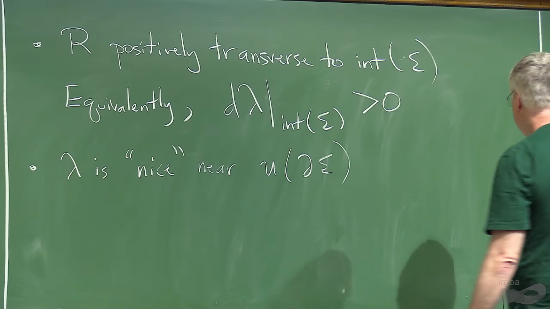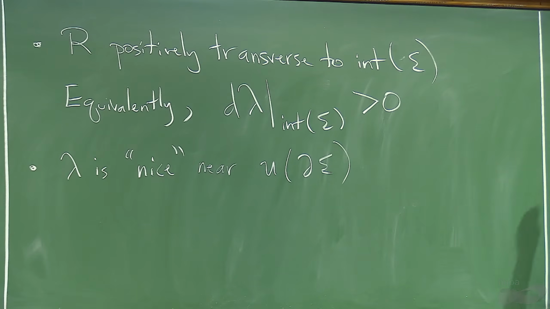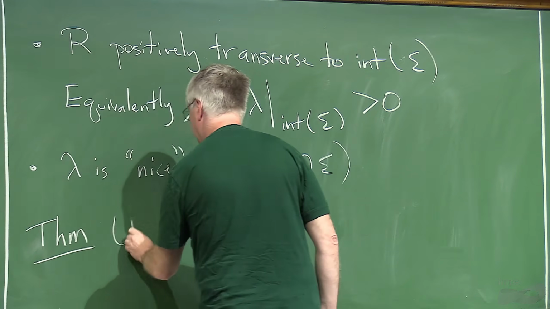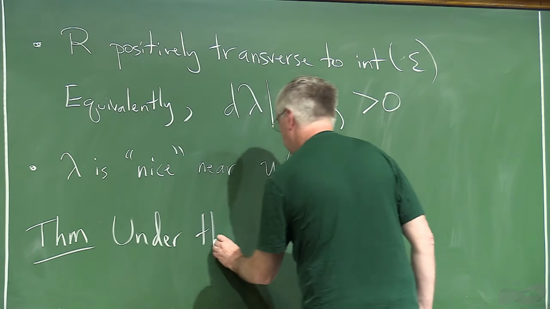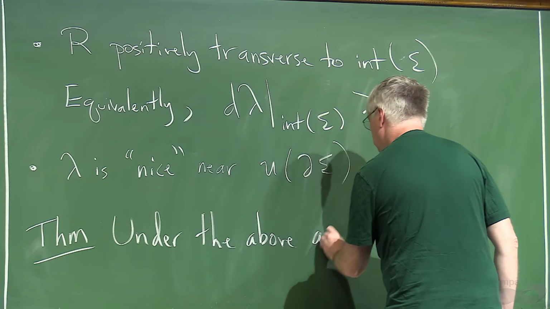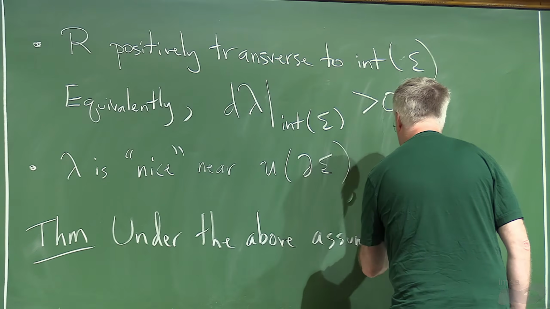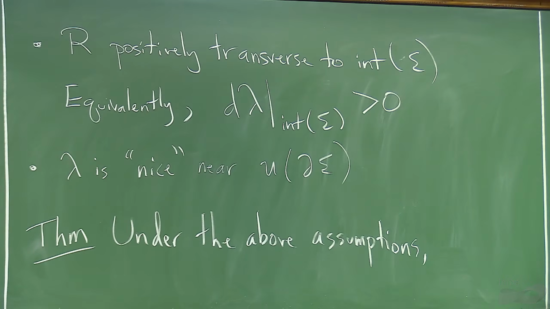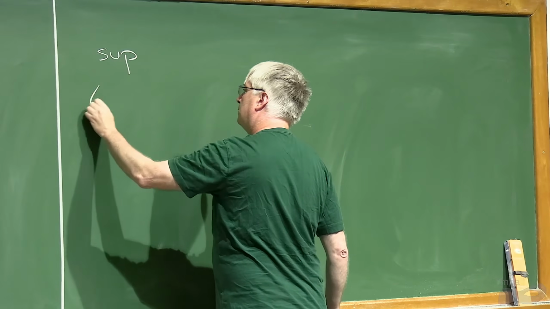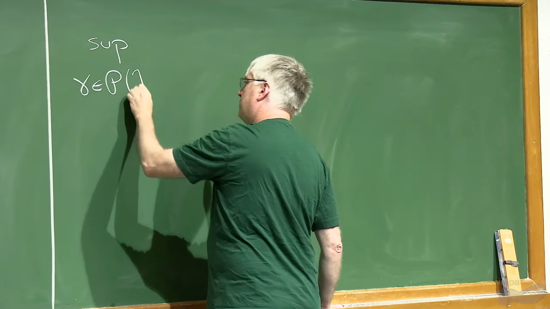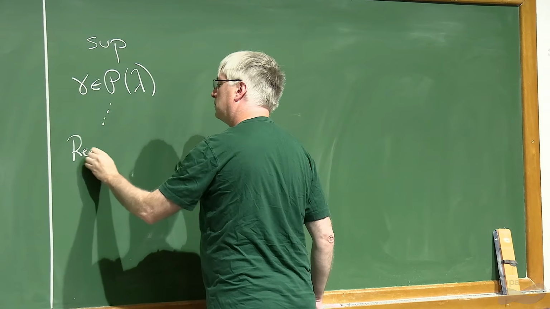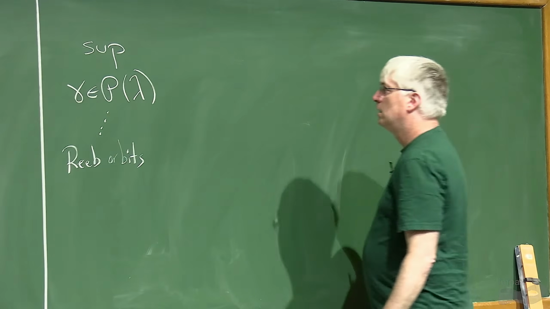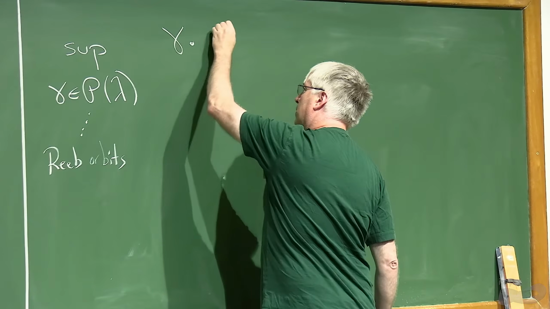And then the theorem says, under the above assumptions, the supremum over gamma, a Reeb orbit, so this is the set of periodic orbits of the Reeb vector field, of gamma dot sigma.